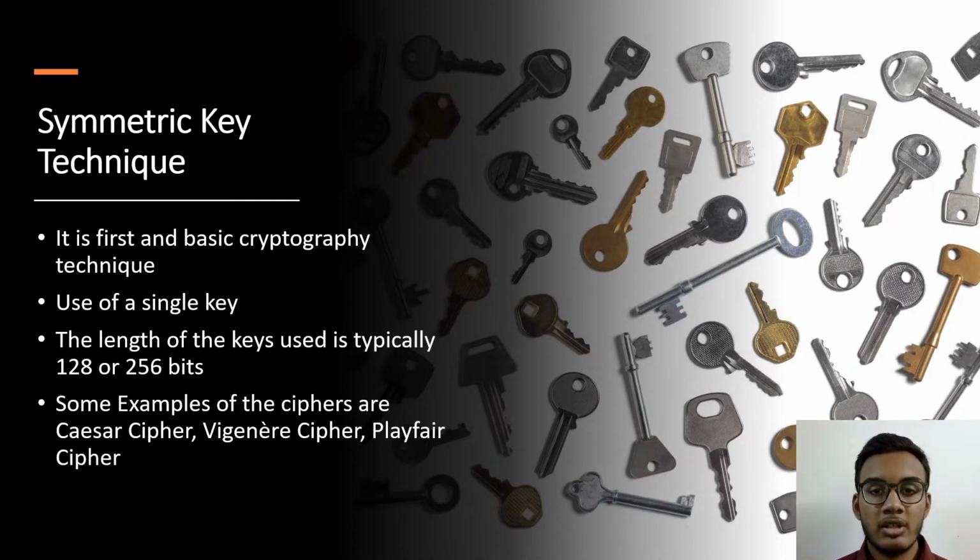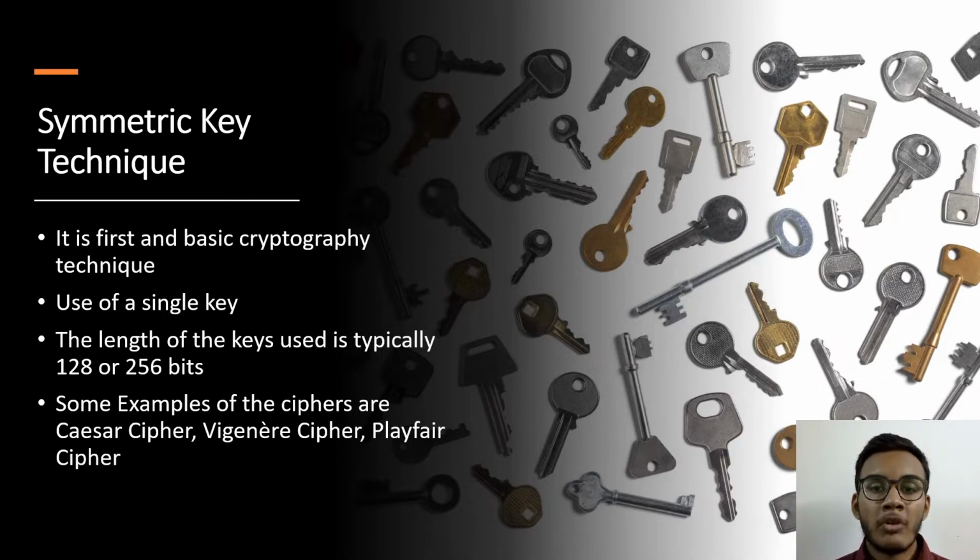Symmetric key technique is the first and most basic cryptographic technique. It uses a single key for both encryption and decryption. The length of the key should be 128 or 256 bits.